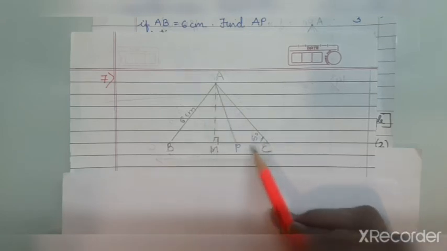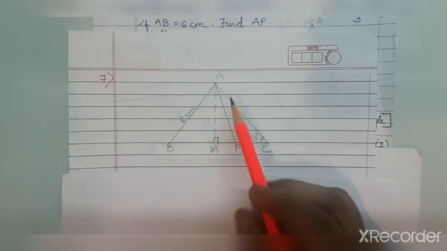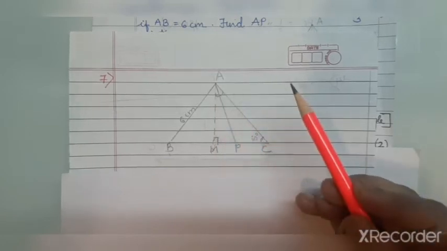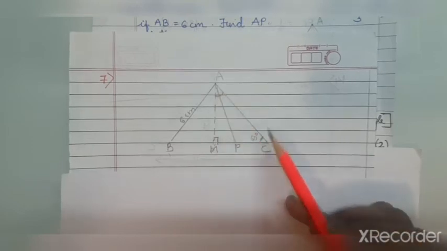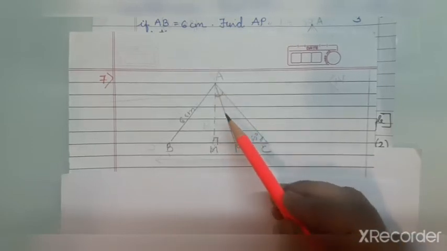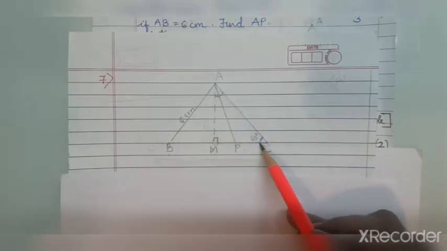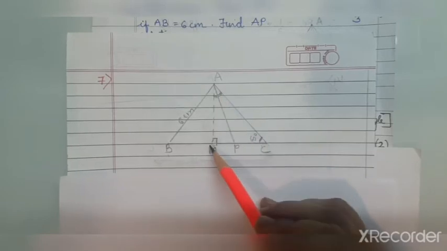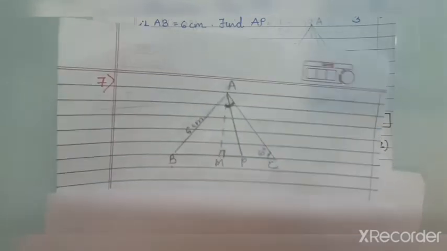Angle AMC is 90 degrees because this is the perpendicular we took in the construction. Therefore angle MAC is equal to 30 degrees, the remaining angle of the triangle. If one angle is 60 and another is 90, then the remaining angle becomes 30 degrees.